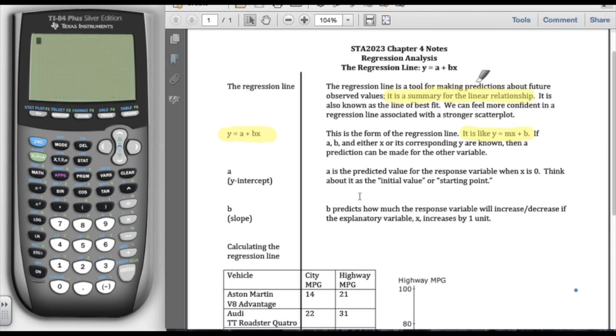Back to our notes, looking at the a and the b. The a part of this equation for the regression line, this is our y-intercept. And what that y-intercept is, in the context of our statistics class, is the predicted value for the response variable, that's for our y, when x is 0.